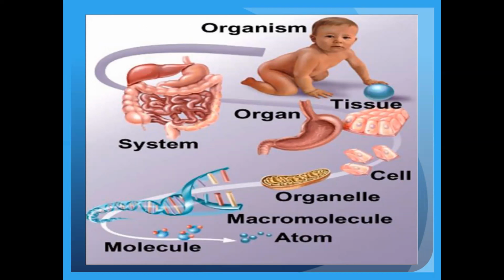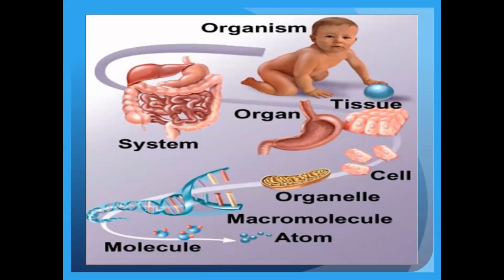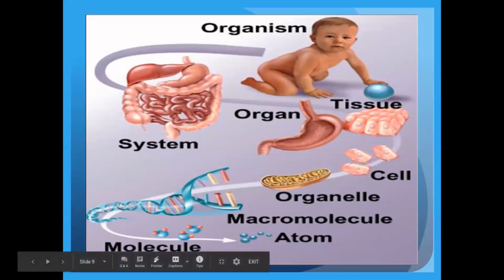So the levels of organization for cells. We began this entire course of biology talking about how macromolecules made up our bodies and our cells, and the macromolecules that we needed to survive. Those macromolecules were made up of elements, right?